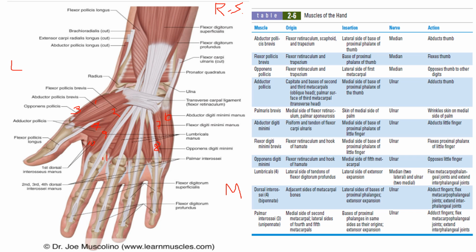Finally, we look at the hand itself. When we talk about the muscles of the hand, there is a key distinction between extrinsic muscles and intrinsic muscles of the hand. Essentially, extrinsic muscles of the hand are all of the muscles whose origin is from the forearm. The origin is not from the hand.